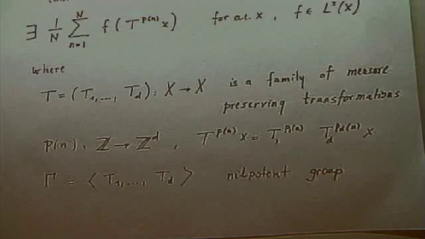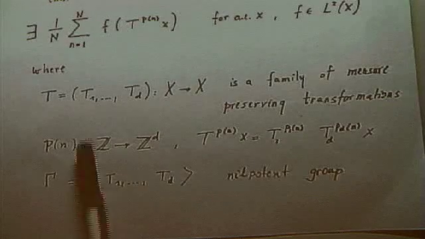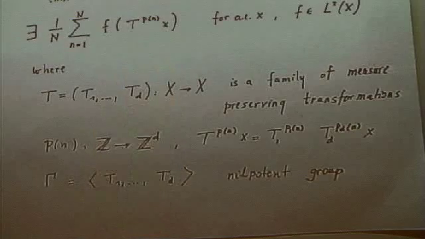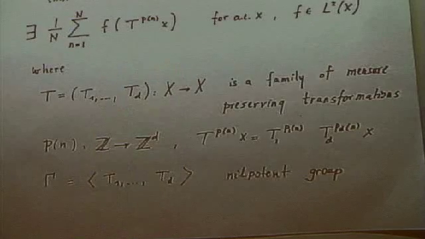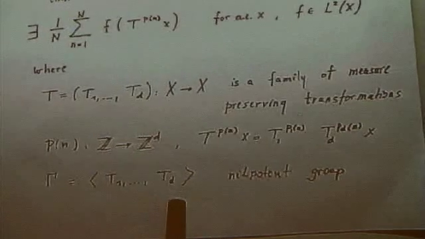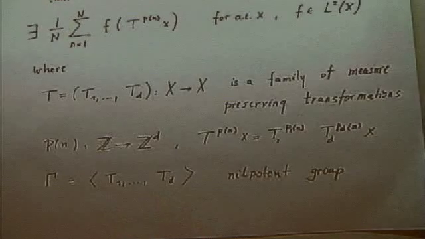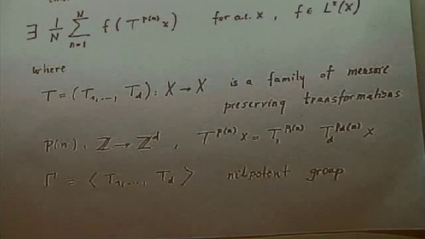Now, if the transformations commute, then this result was proved in full generality by Bourgain, but the point here is if you just assume that the transformations generate a nilpotent group.